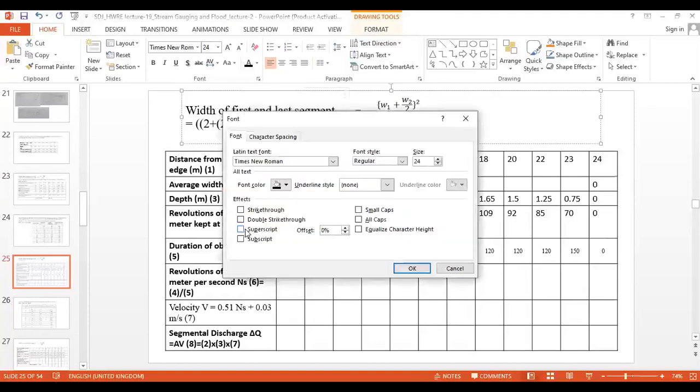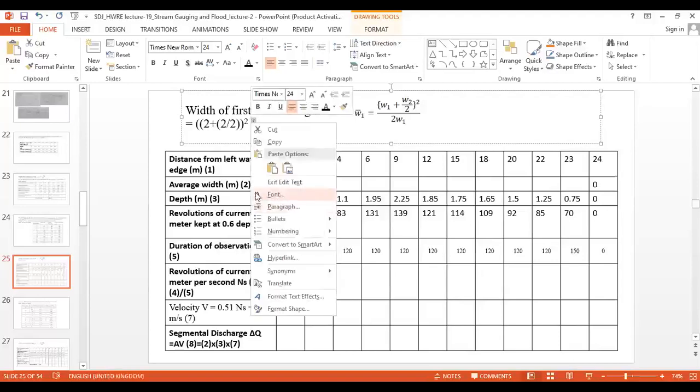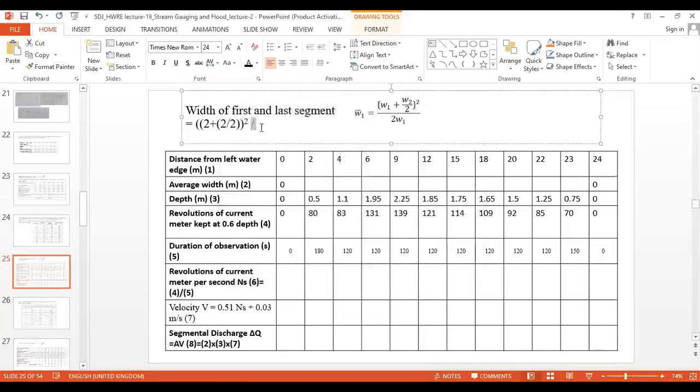Okay, I will make it a superscript so that you will get the idea. Squared upon, in the division that will be 2 times W1. 2 times W1, that is 2 into W1, and W1 is the width of first segment, that is a 2. It is 2 into 2. So what is the answer here?